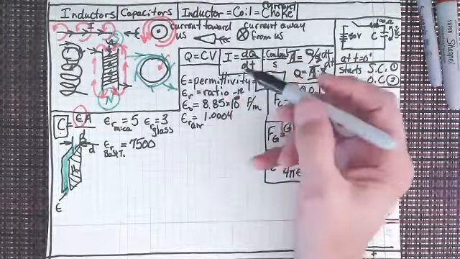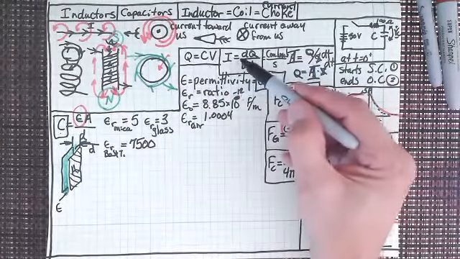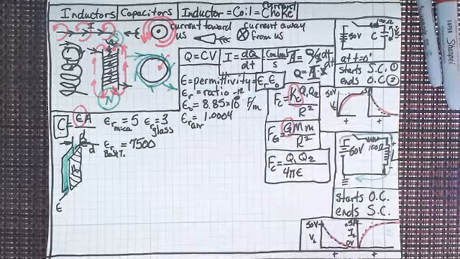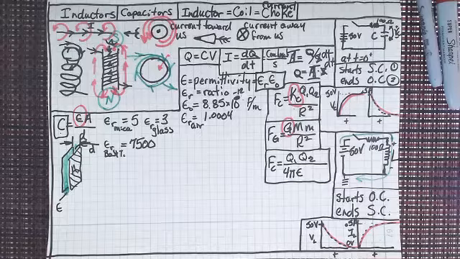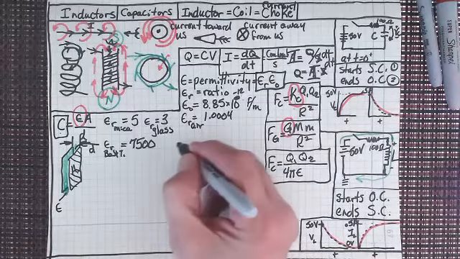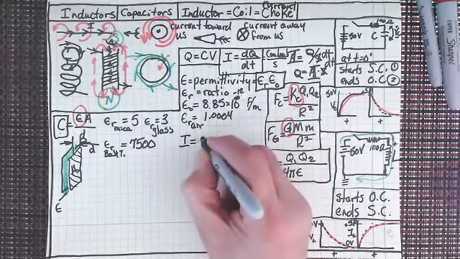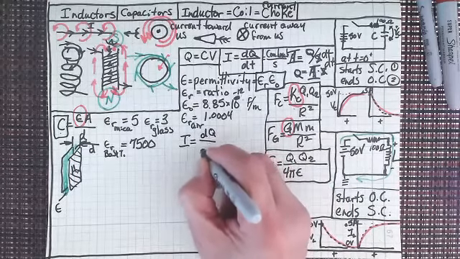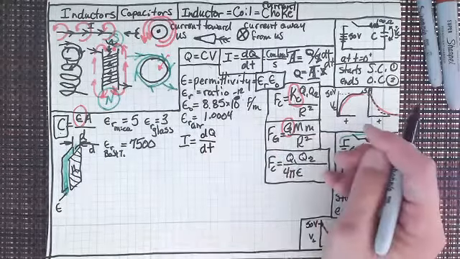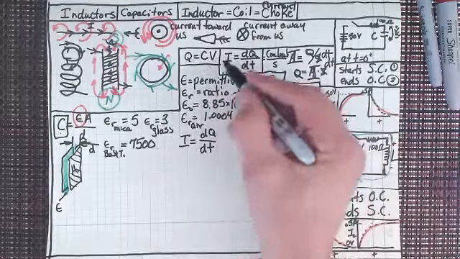So I've got Q equals CV, and I've got I equals dQ/dt, right? Let's expand on that. What is Q? Isn't Q equal to CV?